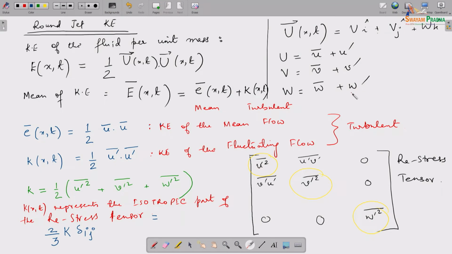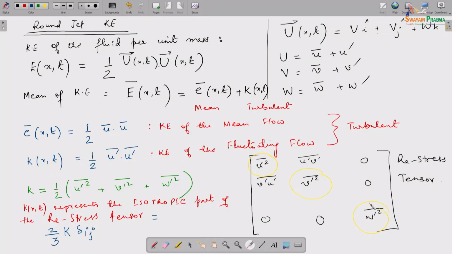This is my representation of a turbulent flow. But how do I actually calculate this from a given flow? So if we can calculate the kinetic energy of the fluctuating part of the flow, then from there I can get the Reynolds stress tensor.